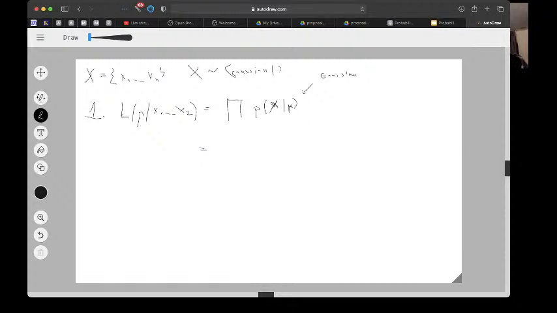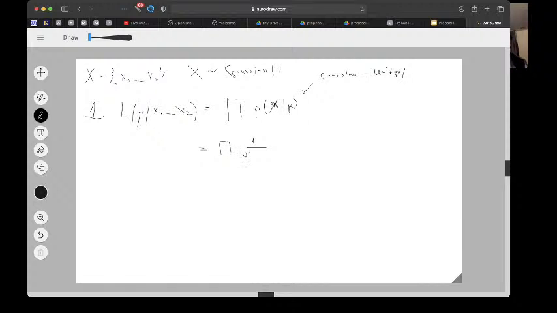But for example in the exam you can have something else like uniform or Bernoulli, binomial, all the other distributions that we covered in the lecture. It could be here, and then have the product of this thing.